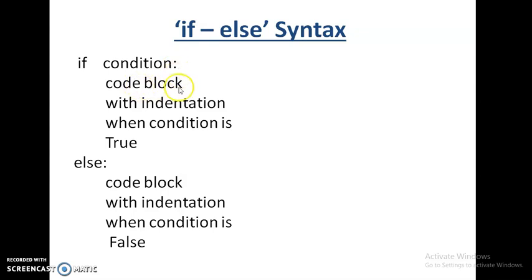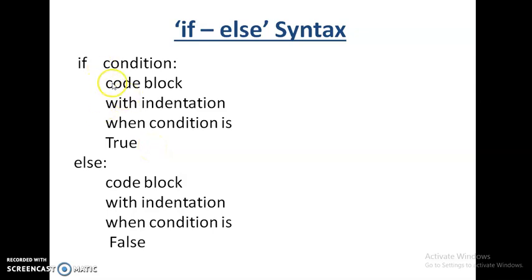When you write the first instruction of the code block of if, you have to take your cursor here and press enter. Then the cursor will automatically set a space of one paragraph or one tab over here before the first instruction of your code block.